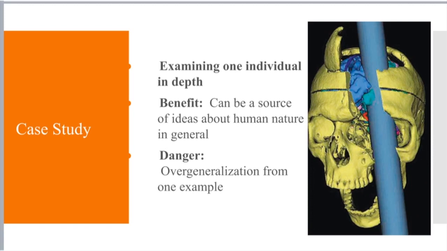So it gives us insight into human nature in general. An injury such as the one depicted here, we could never recreate because that would be terrible to do to somebody. But because it happened accidentally, we're able to use his experience to better understand certain areas of the brain.